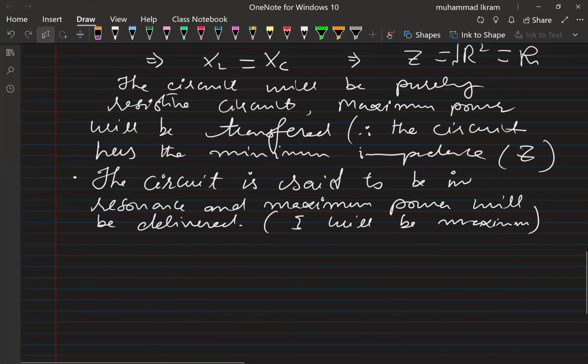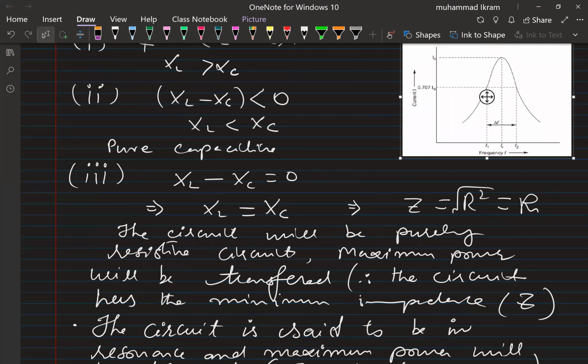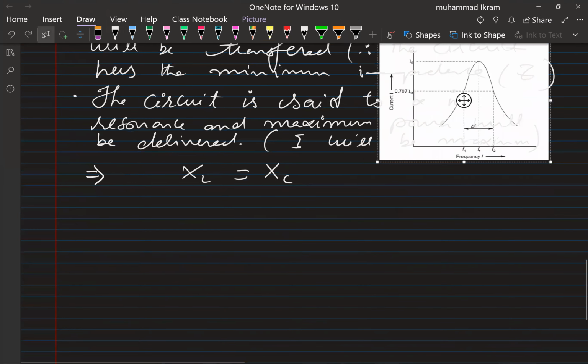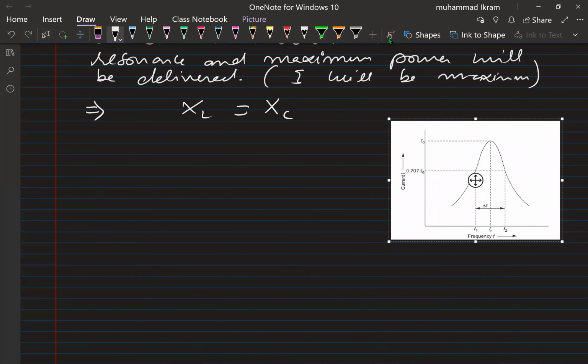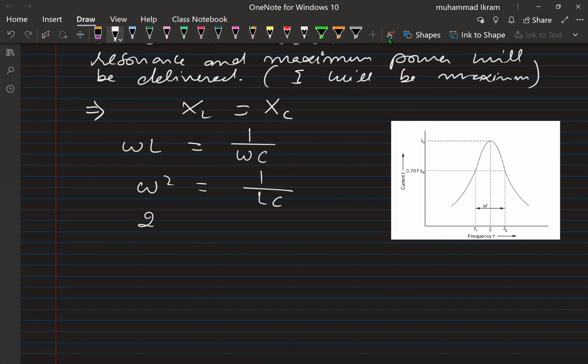Now when this happens, what does this mean? That XL equals XC. Later on I will be explaining this graph to you here. Now, we know this is omega L, and this is 1 over omega C. So omega square will be equal to 1 over LC, and omega is 2 pi f, so (2 pi f) whole square is 1 over LC.